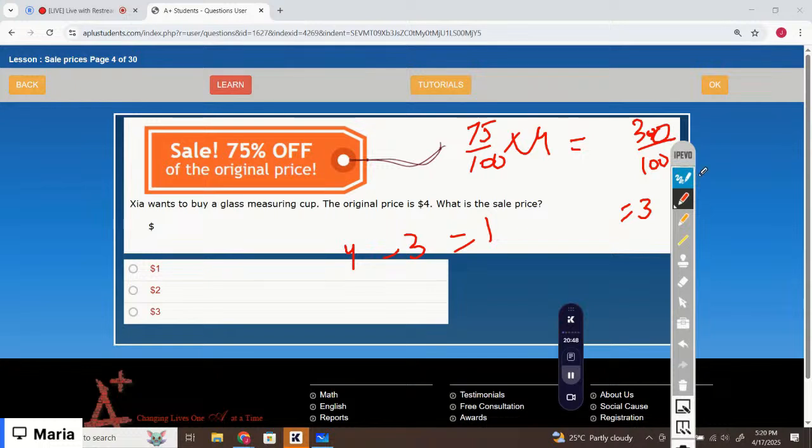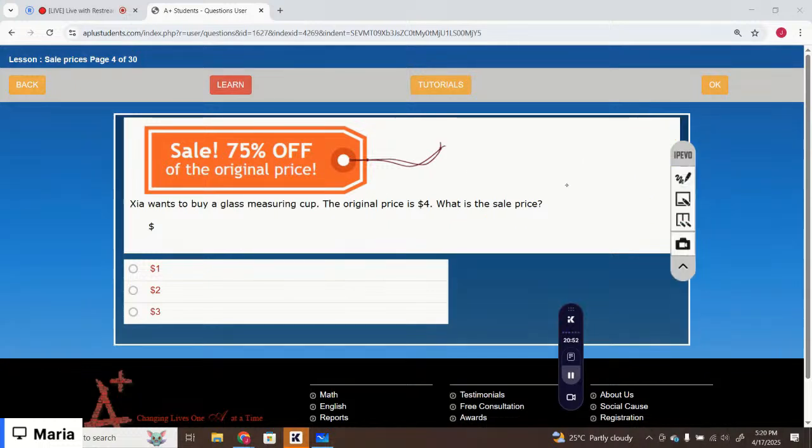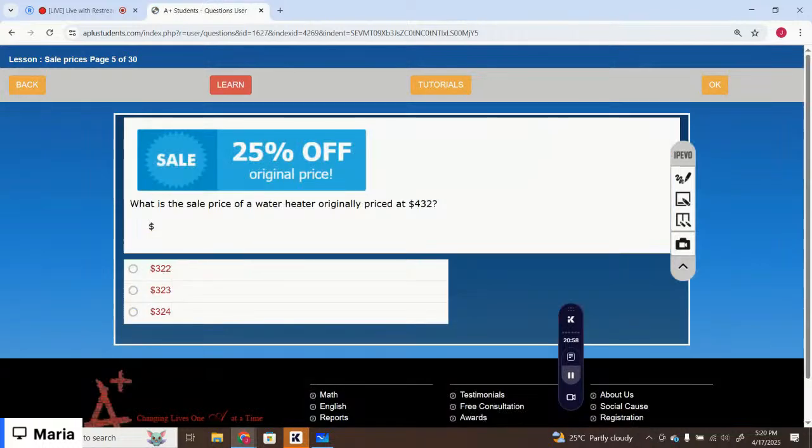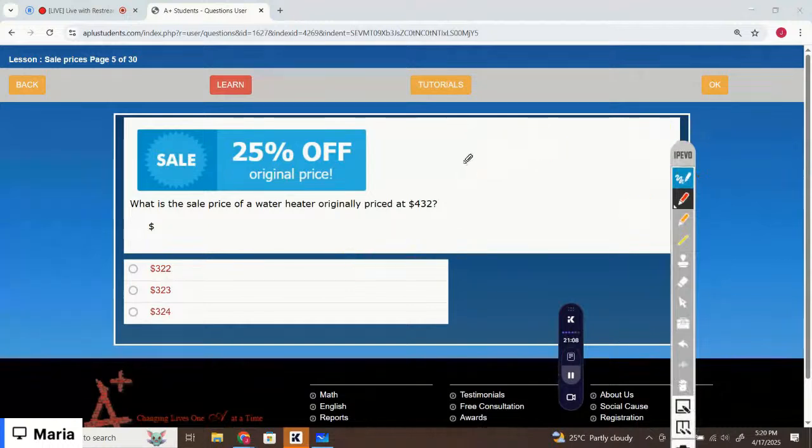What is the sale price of the water heater originally priced $432? That is on 25% off. So the first thing is you need to calculate 25% of the original value. So that is 432 times 25 over 100. Let's just multiply. 432 times 25 is 10,800, so $108 it is, right?